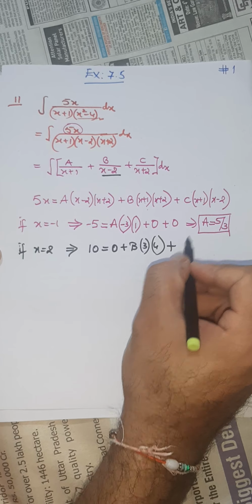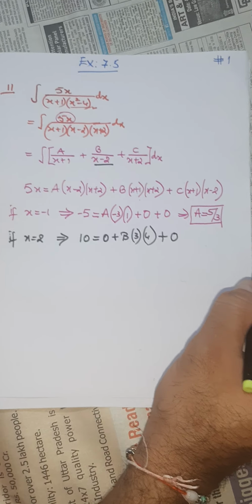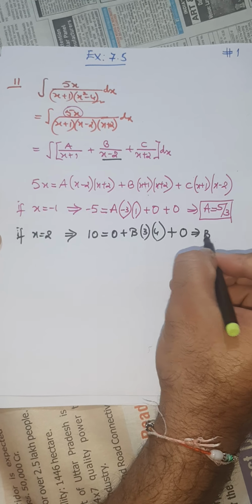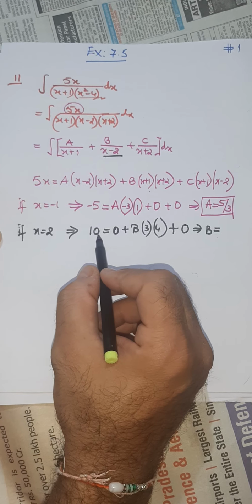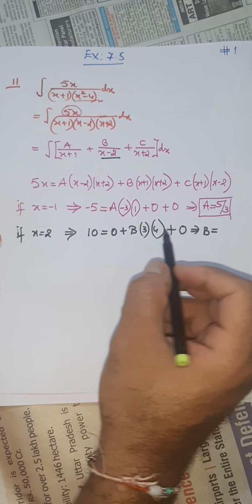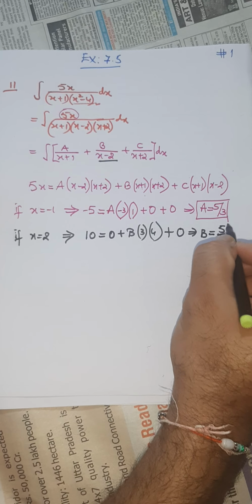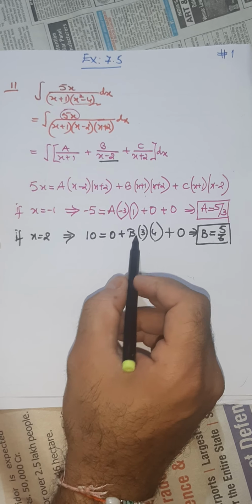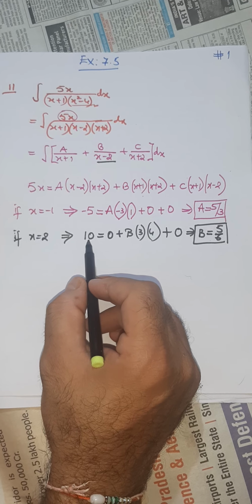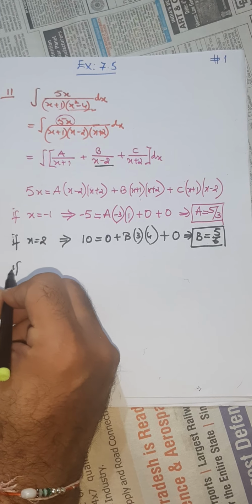If I put 2 here, this is also 0. So you have B here. What is B from this? This is 10 by 12, which is just 5 by 6.